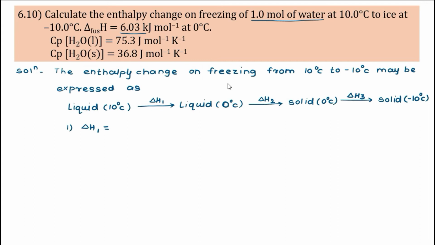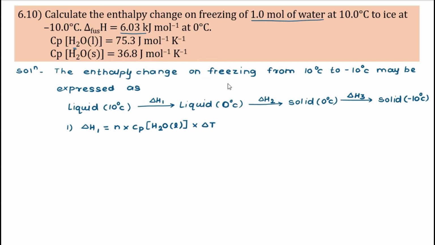Here I am using the formula n into Cp. Here water is in liquid state, so I am using molar heat capacity at constant pressure, Cp of H2O in liquid state, into delta T. Delta T means change in temperature.